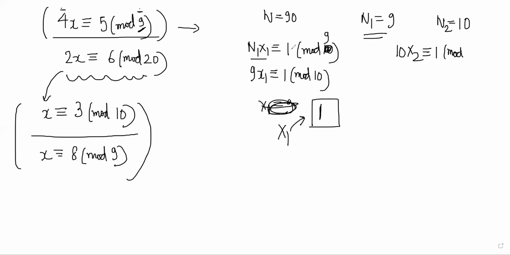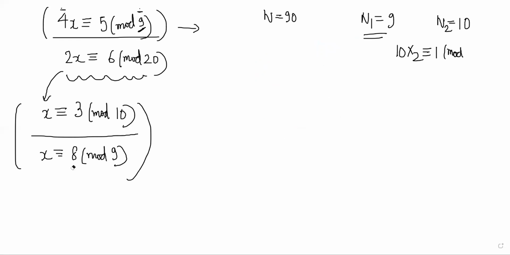N1 is 9, no? So the first equation is N1 X1 congruent to 1 mod 9, but 9 times something is always equal to 0, right? Wait, one second. My equations are these two, right?